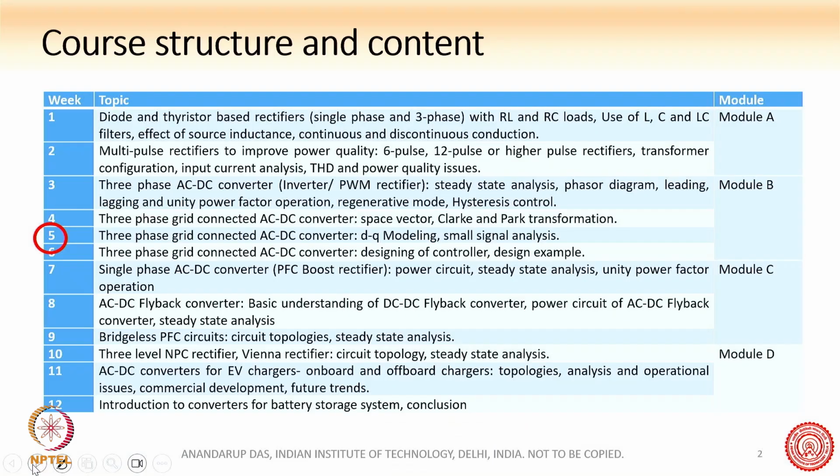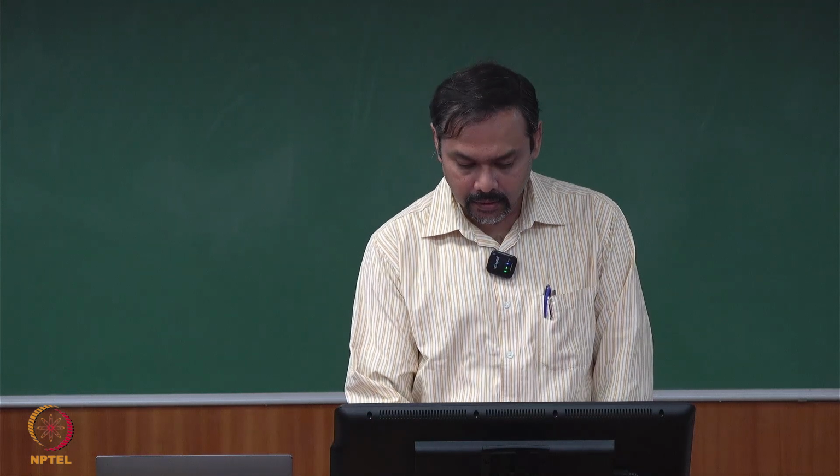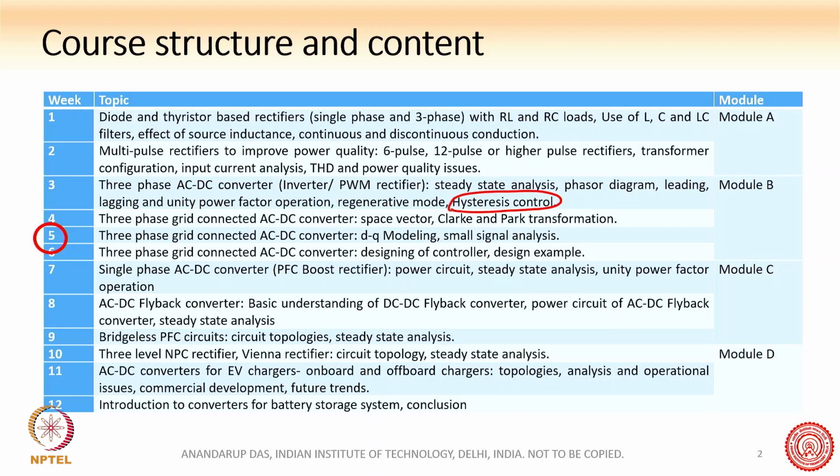Now, this part is for the editing people, including the teaching assistants. Here we had talked about this hysteresis control, but we had not covered it in week 3. Rather, we are covering it here. But we have already recorded these things, so we will have to insert this hysteresis control this week after the Clark and Park transformation.